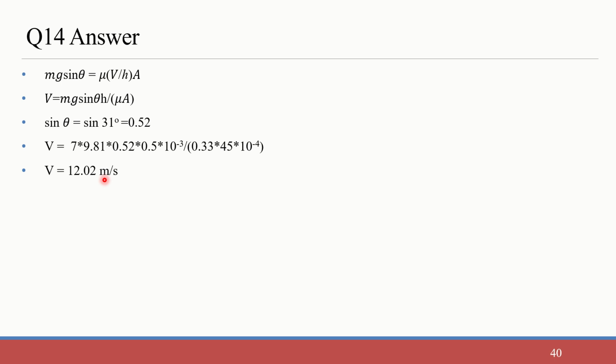On substituting everything, we get this answer: 7 into 9.81 into 0.52 into 0.5 into 10 power minus 3 divided by 0.33 into 45 into 10 power minus 4. It is 12.02 meters per second. So that is the answer.